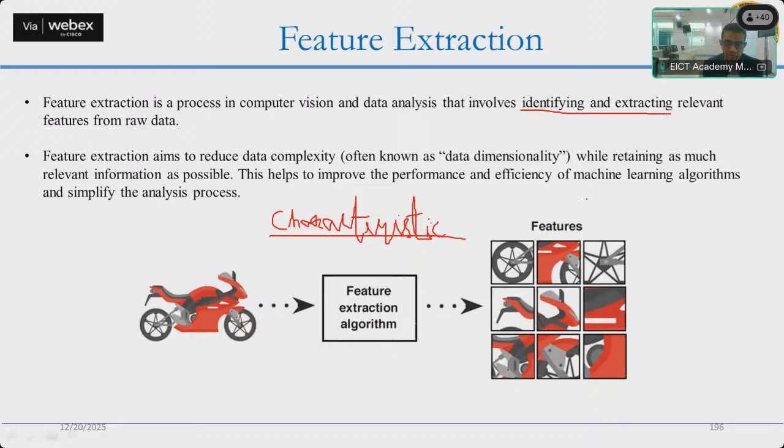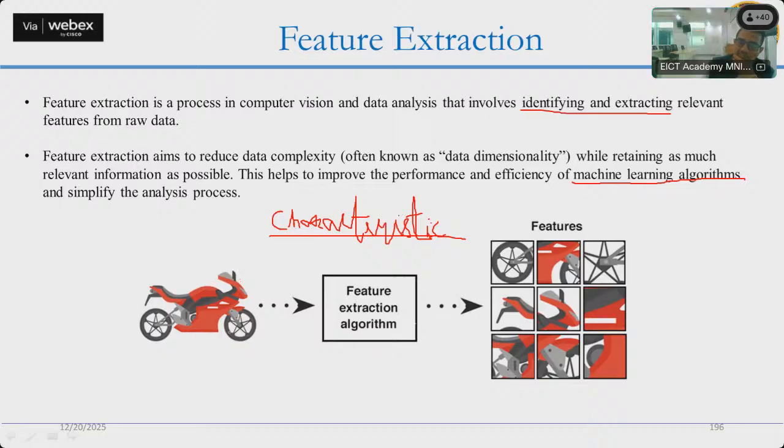As soon as you begin to use machine learning, this is the key thing. That's why we say feature extraction is the most important topic when we talk about image processing with machine learning and deep learning. In this example, a bike is shown.